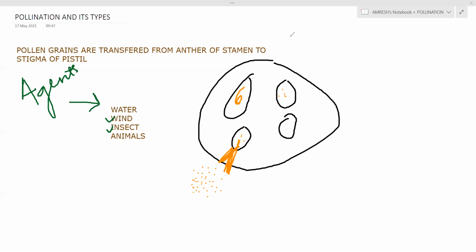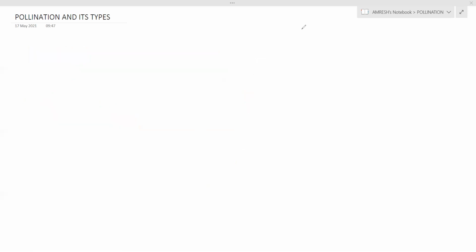Now we have two types of pollination. Agents, wind and insect, we have to read, but before that, we have to read the two types of pollination. First is self-pollination. This is a new concept for you, but you will understand. Don't worry. What is self-pollination?